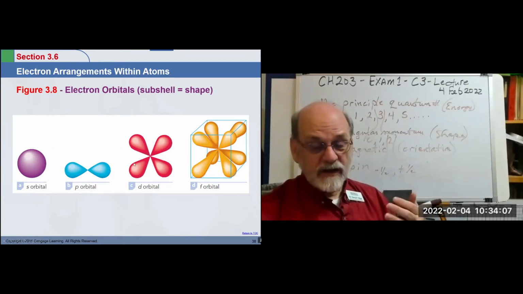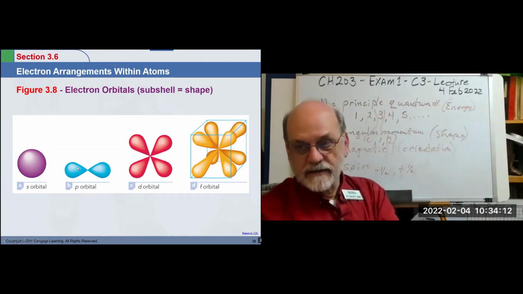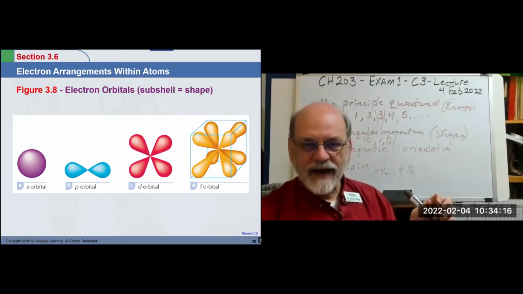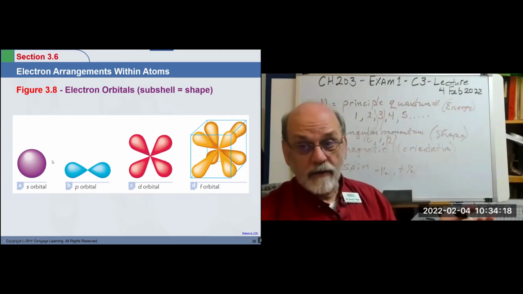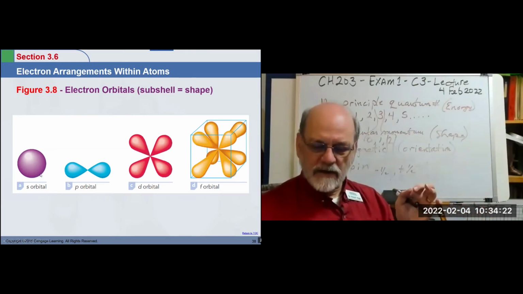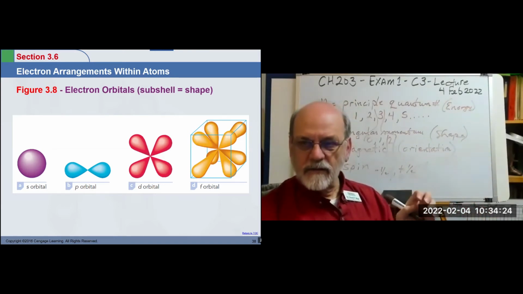And these are actually probability spaces. In other words, this is where you're most likely to find the electrons, but they don't have to be there all the time. That's the thing about quantum mechanics. It's probability based.